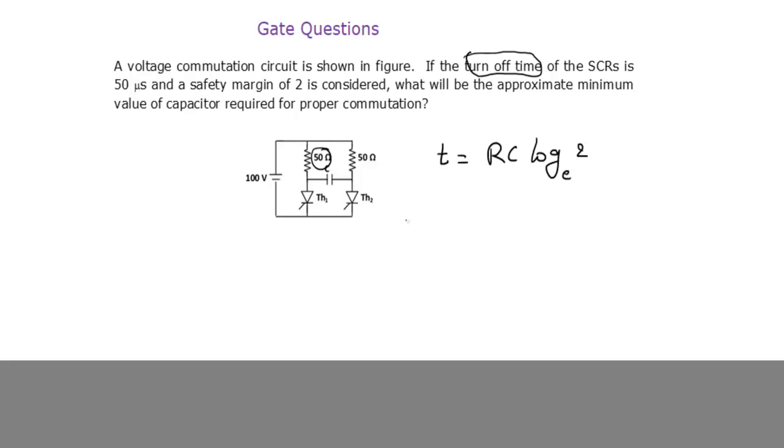That means how long the thyristor takes to reduce the current to 0 when you start the commutation. That's it, turn-off time. Generally the relationship is like this: circuit turn-off time, generally represented as TC, is the turn-off time, generally represented as TQ, multiplied with a factor of safety.